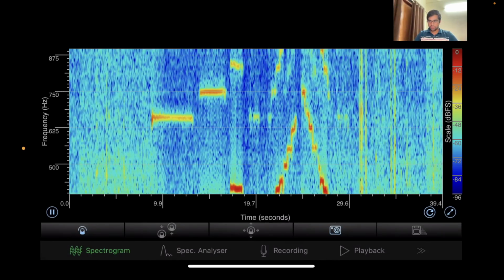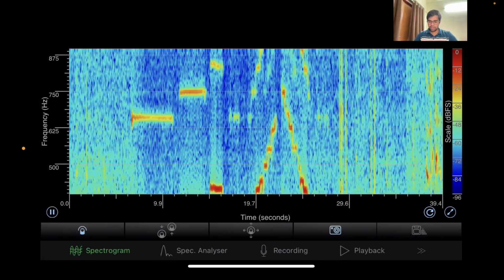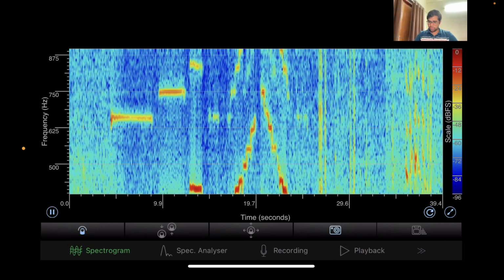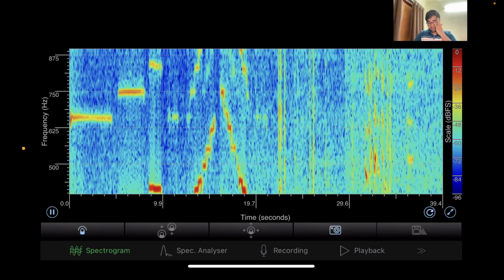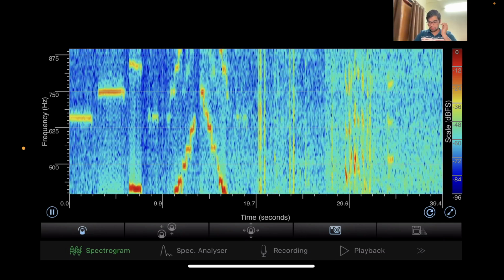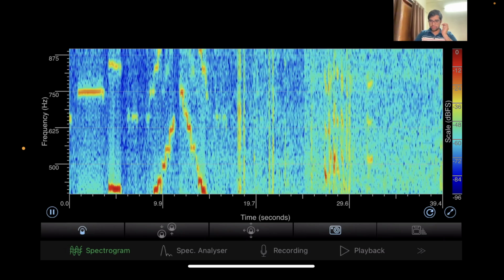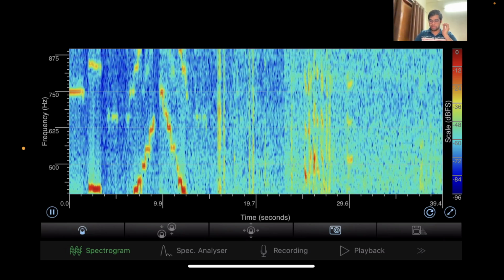Okay, so I'll share this camera. Where is this? One second.